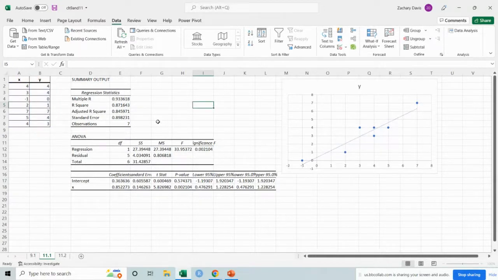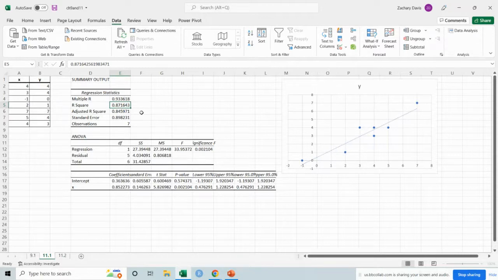So some very important factors about interpreting regression coefficients. So the first thing, for simple linear regression, so that's when we have only one x variable, we're going to be interested in this r-squared value. That basically tells us how much variability, or how much variance, we're able to explain using this model. So 87 is pretty good.